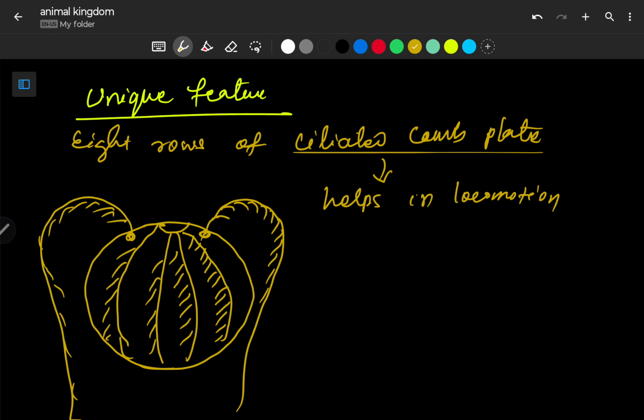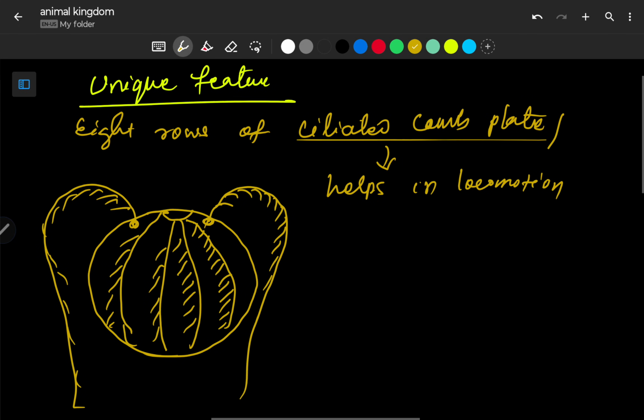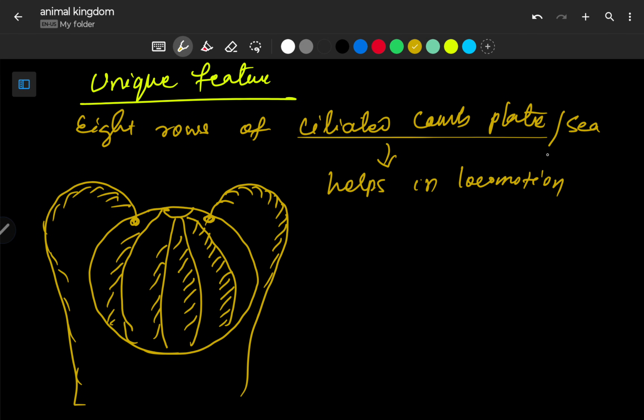The structure is like this. They are also known as sea walnut. You know walnut, akhrot, they are the sea walnut. So here you can see the 8 external rows, these rows are on the outside, the ciliated comb plates which help in locomotion. Okay, now come to the other features.